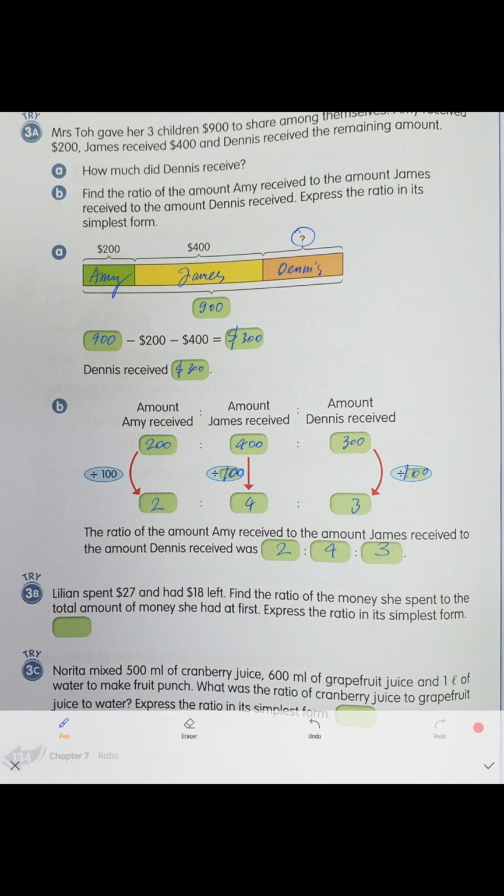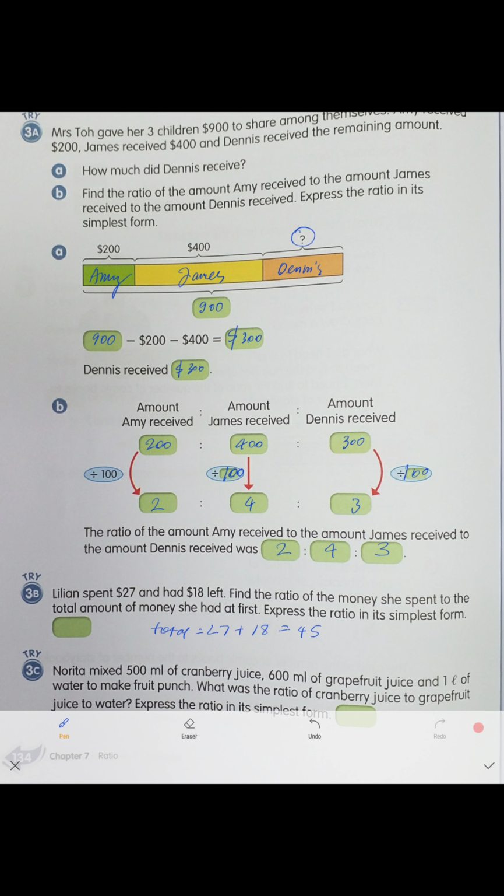Very simple. Next one. Lillian spent $27 and had 18 left. Find the ratio of the money she spent to the total amount of money she had at first. Express the ratio in the simplest form. Very easy, right? Our total is 27 plus 18, right? And it's gonna be $45.